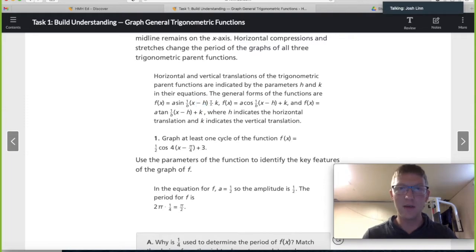And this K represents an up and down translation, or moving the graph vertically. That's true for sine, cosine, and tangent. The good news is that this one rule that works for absolute value functions also works for trig functions.